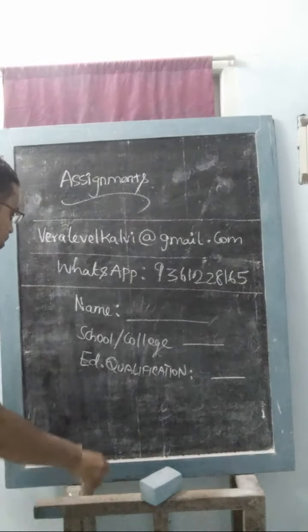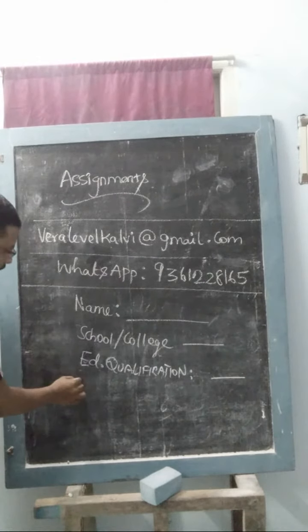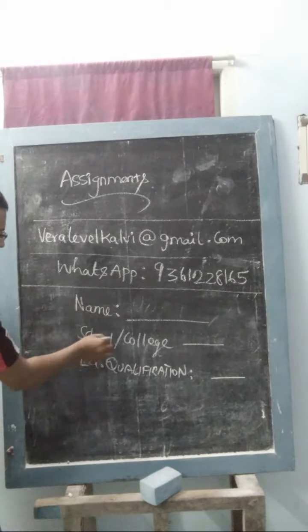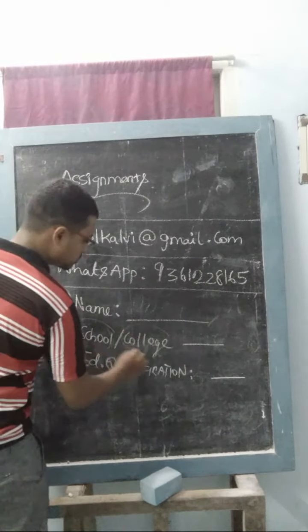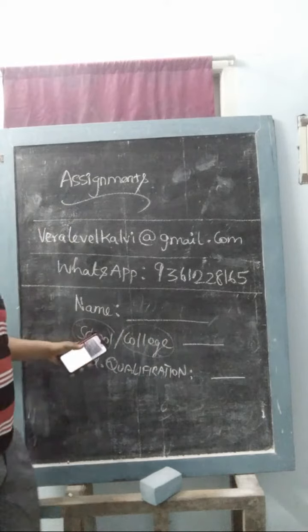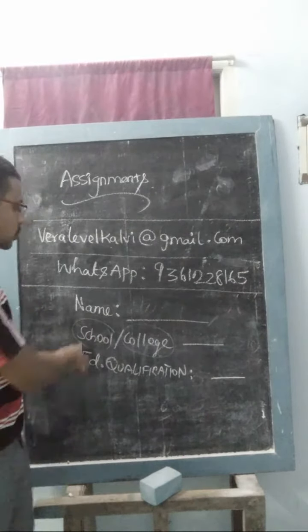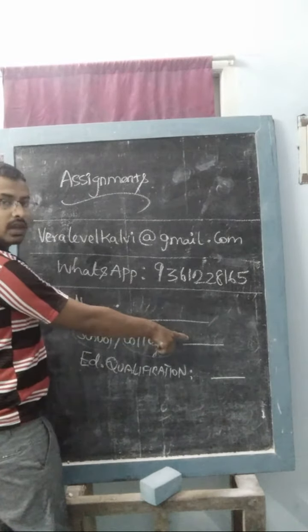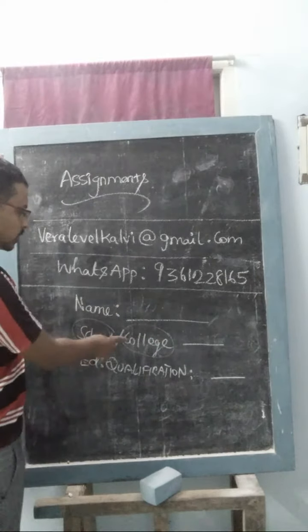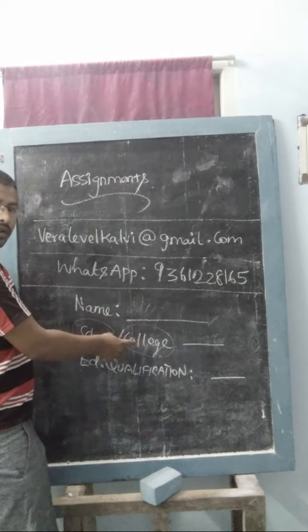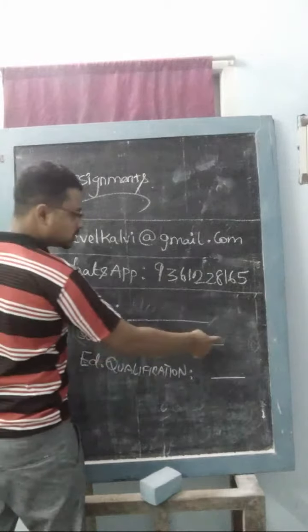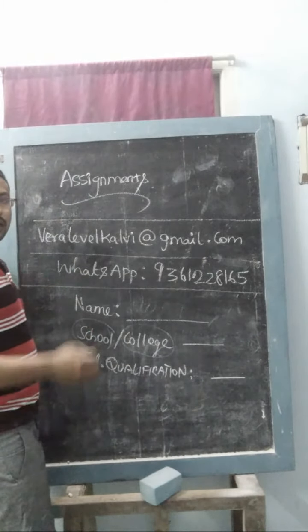And then which school or college you are studying in. If you are studying in a school, you just mention the school name and complete address. And if you are studying in a college, you just write the complete address.